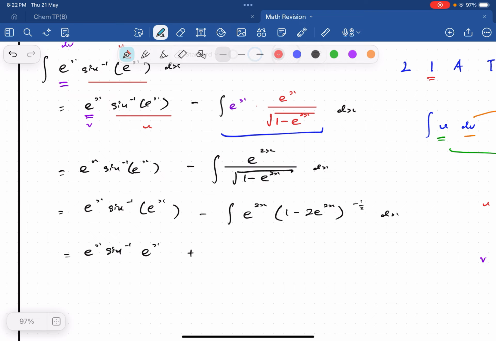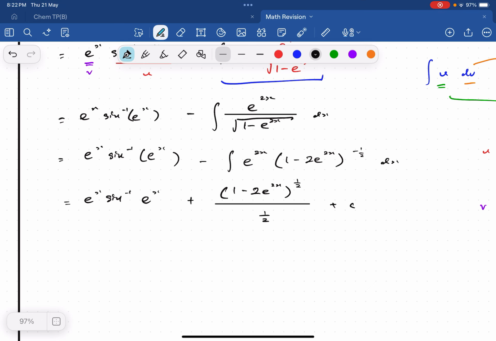Okay, (1 minus e^2x) to the power of n plus 1. So half minus half plus 1 is half. And then over here, half plus c. So that is going to be something divided by half is just 2, right?